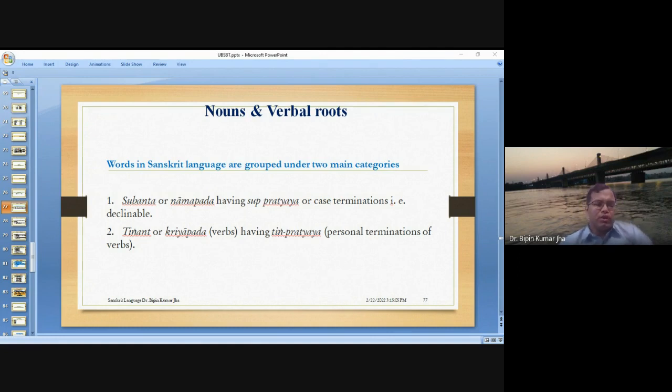How you add a suffix and how you can create a word, all these notions are mentioned there.